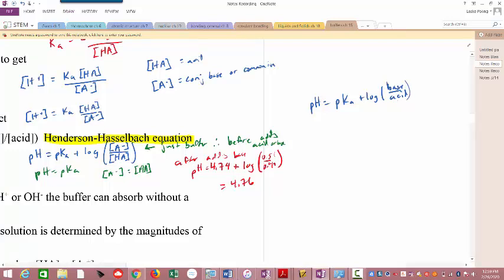Okay, so if we add moles of a base, you add to the base, you subtract from the acid. You add moles of acid, well, you subtract from the base and add to the acid.